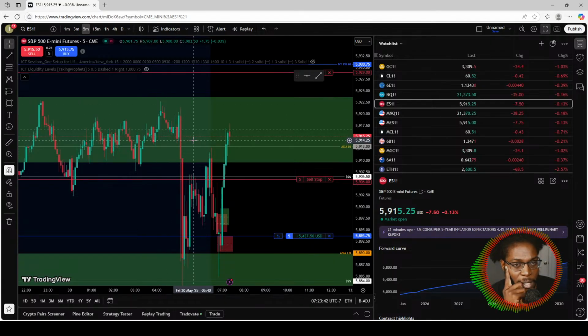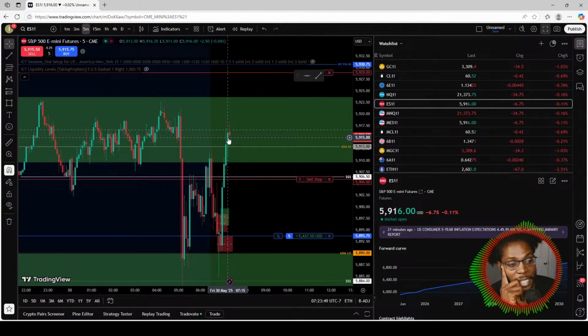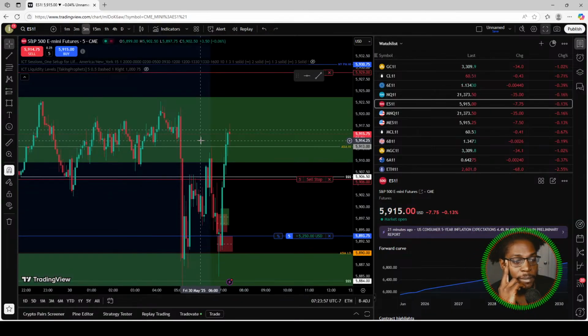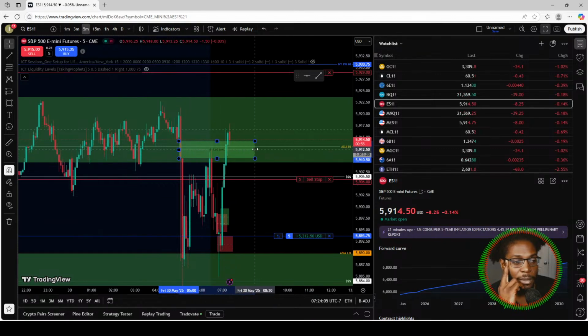Oh, and this is on the 5 minute. Remember I told you, we have this 5 minute gap right here. We got a closure outside of it, and then the next candle is coming back in, tapping into it. So that kind of goes along with my bias. This is the gap that was formed right here. I'm gonna mark it so you guys actually see what I'm talking about.